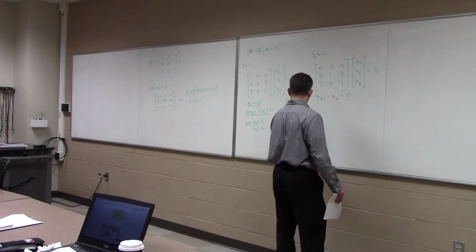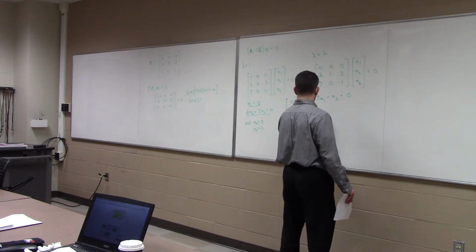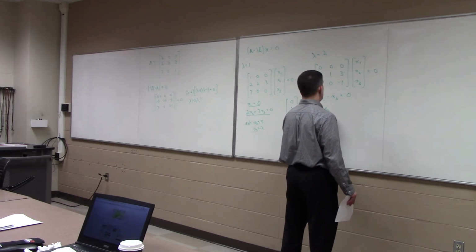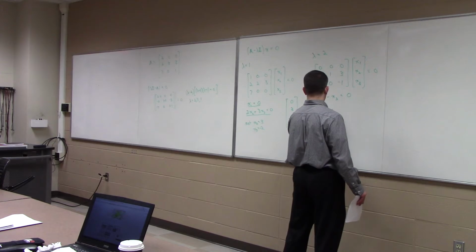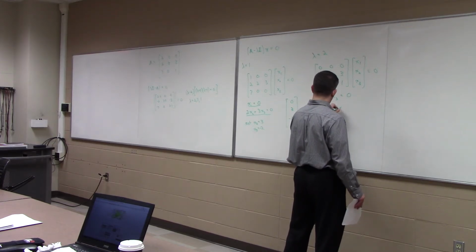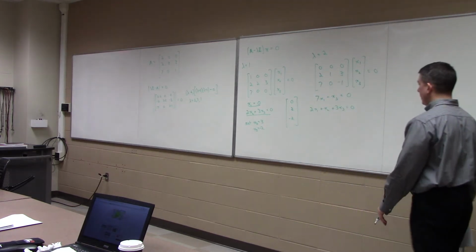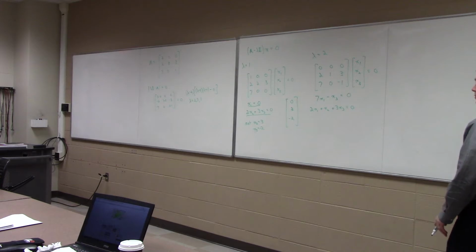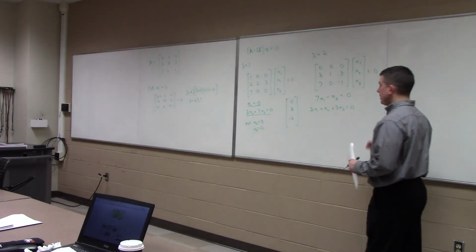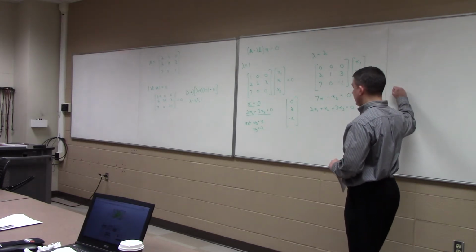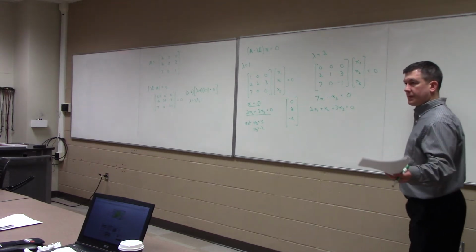Second one says 2x1 plus x2 plus 3x3. Okay, so now I have two equations and three unknowns, which means I can just determine something, right?